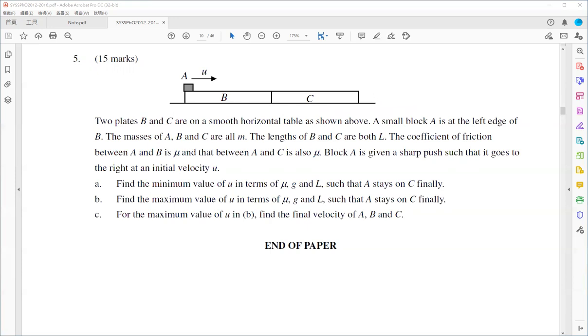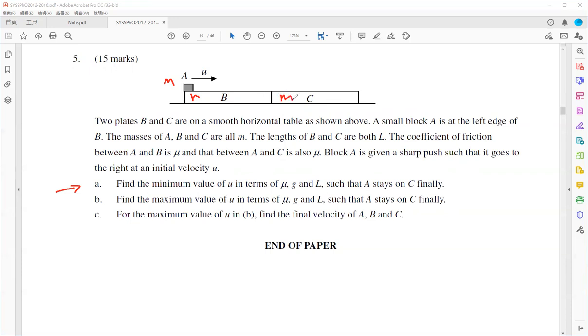There's friction. So let's have a look at case A. The masses are all small m. We simplify the case a lot.